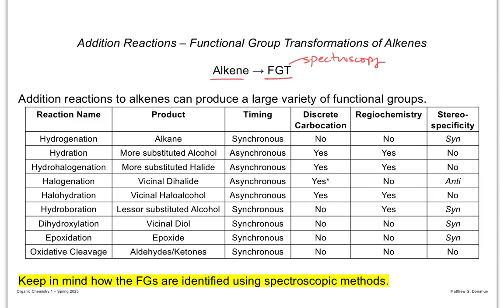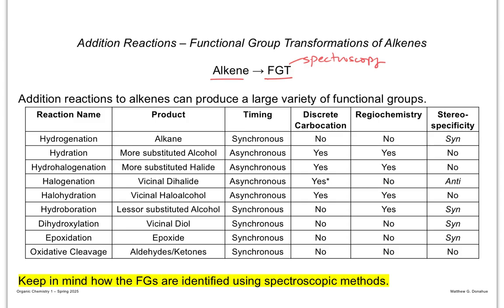So the reactions all have names that indicate what's happening. So we'll go through each of these one by one. This is the summary of the name, what type of product is produced, the timing of how the electrophile adds to the pi bond, some details about the mechanism. Are you forming a carbocation or not?